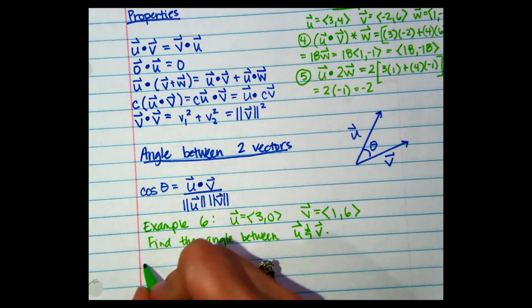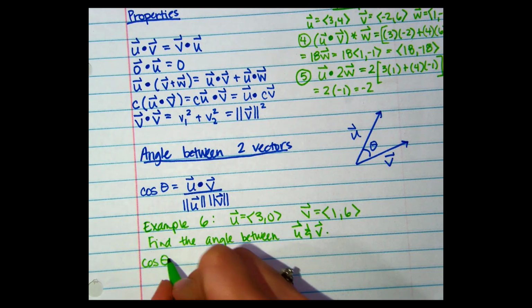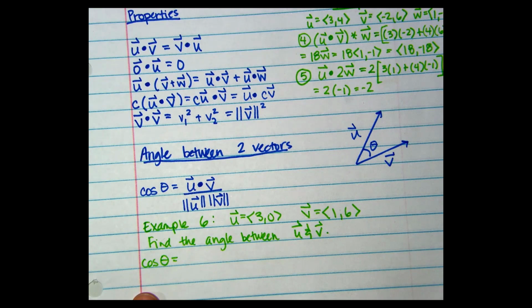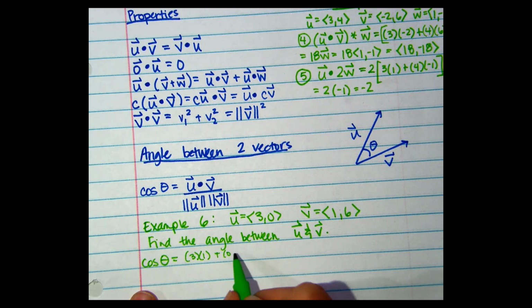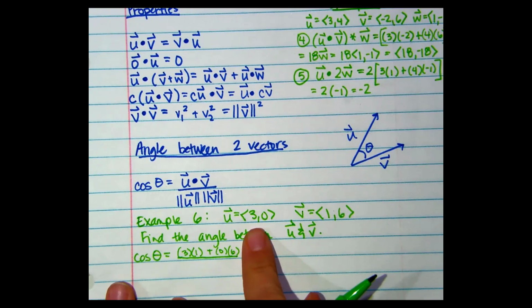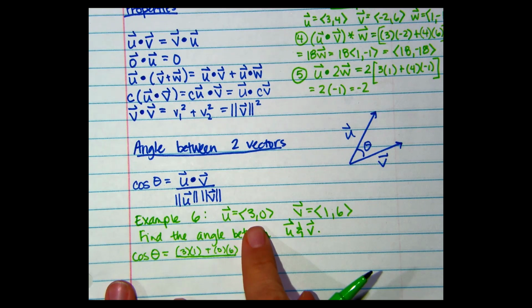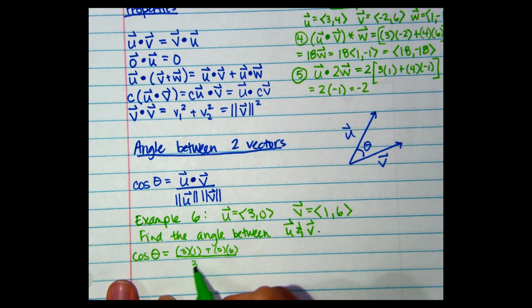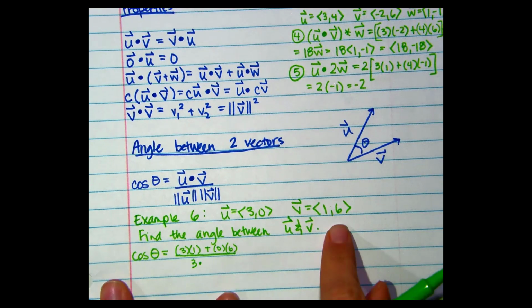So what I'll do is I'll say cosine theta is, and then I'm going to dot my vectors, 3 times 1 plus 0 times 6, over the magnitude of u, which is 3, times the magnitude of v.